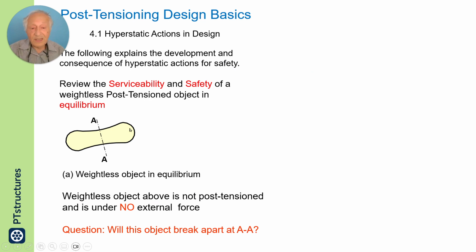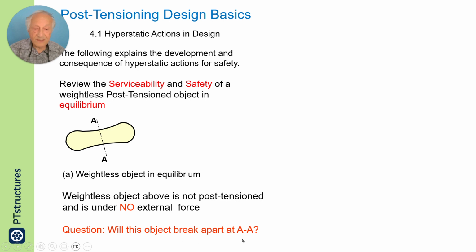Good. Now let us look at this member here. I have a member which is floating in the air, a weightless member floating in the air. The question that I raise is: is this member going to break at section AA?